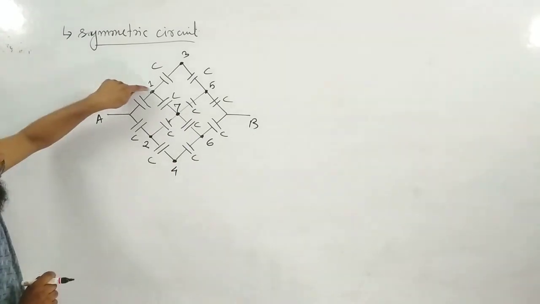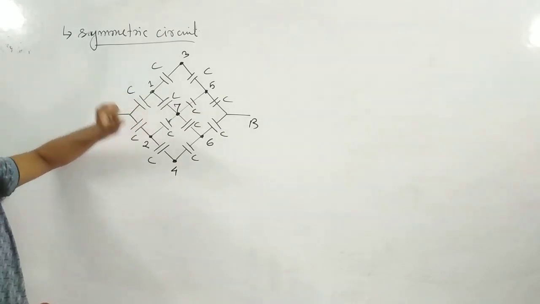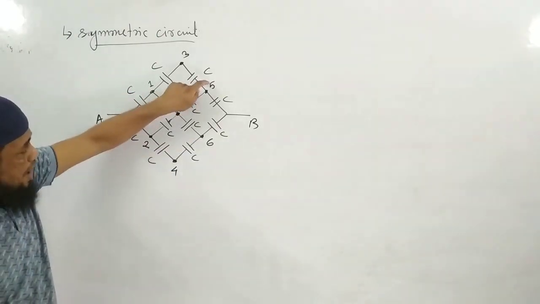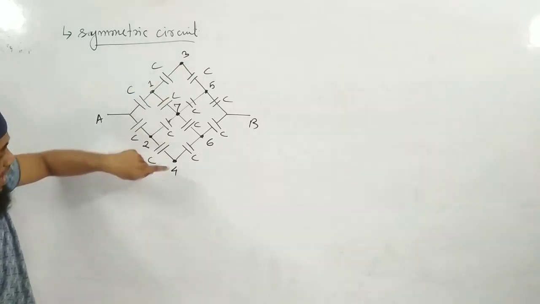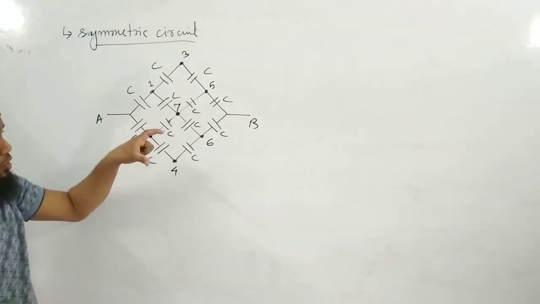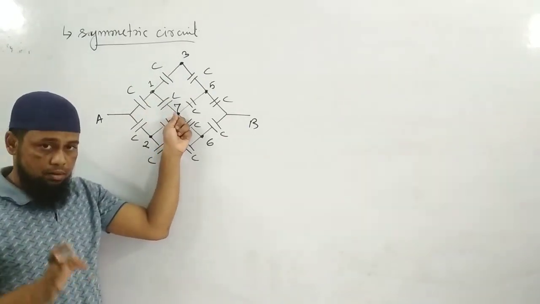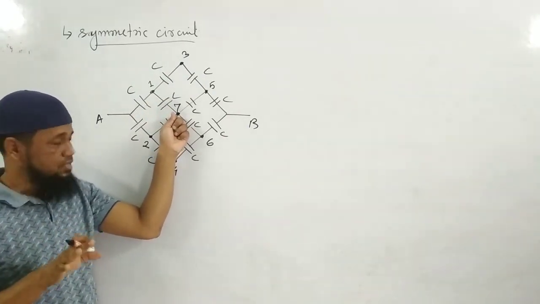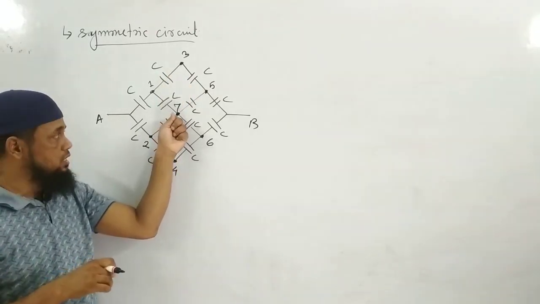So point 1 and point 2 are having same potential; if they are having same potential, they can be joined. 5 and 6 having same potential, they can be joined. 3 and 4 have same potential, they can be joined. In fact, 7 will also have same potential as 3 and 4, but that 7 point I'll not be talking about now.